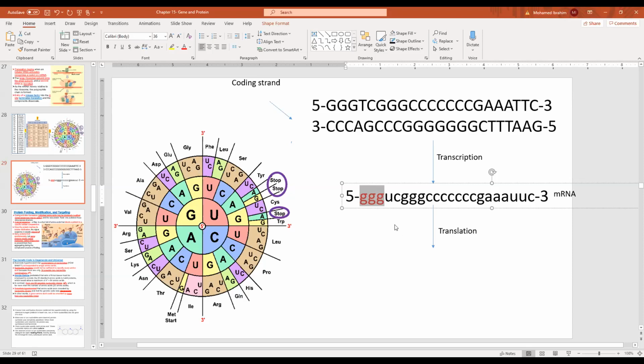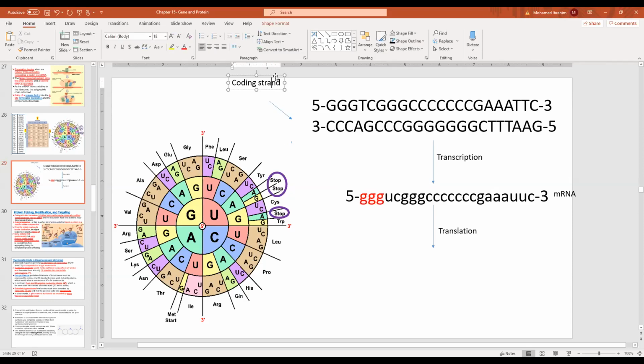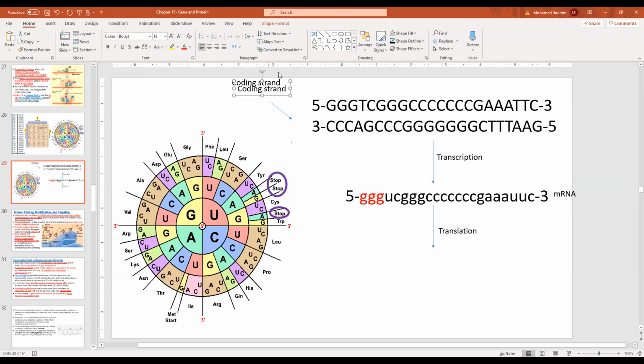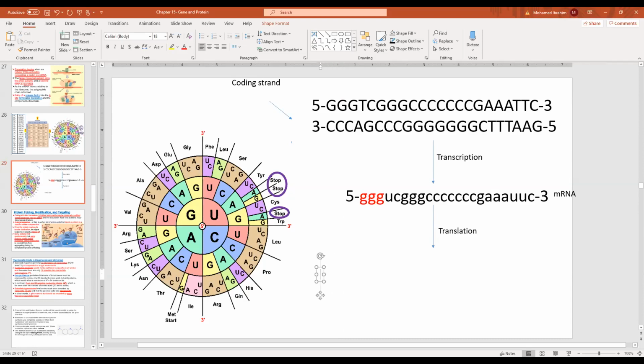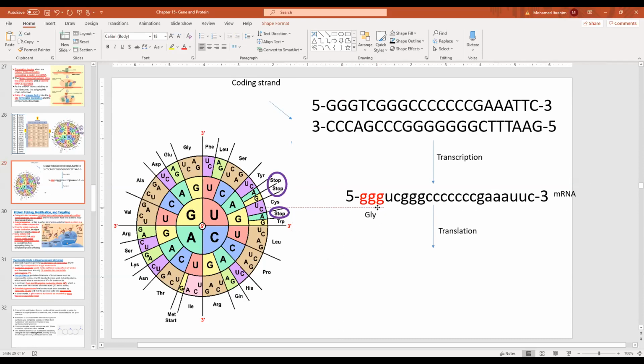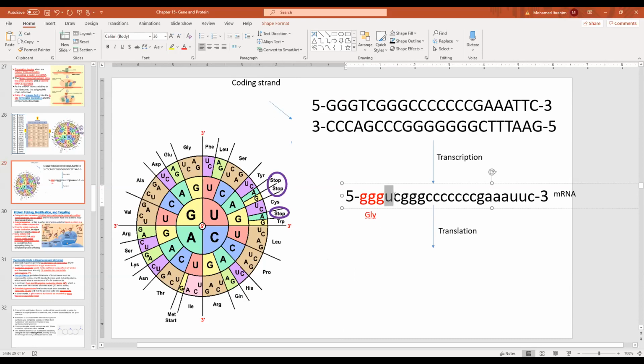So I will do this, and I will add glycine. Now, take the second codon, UCG.